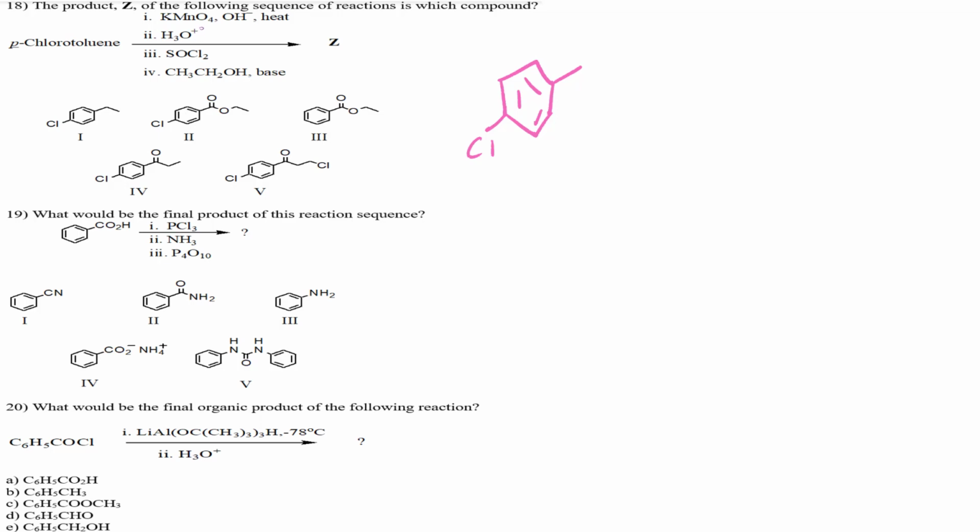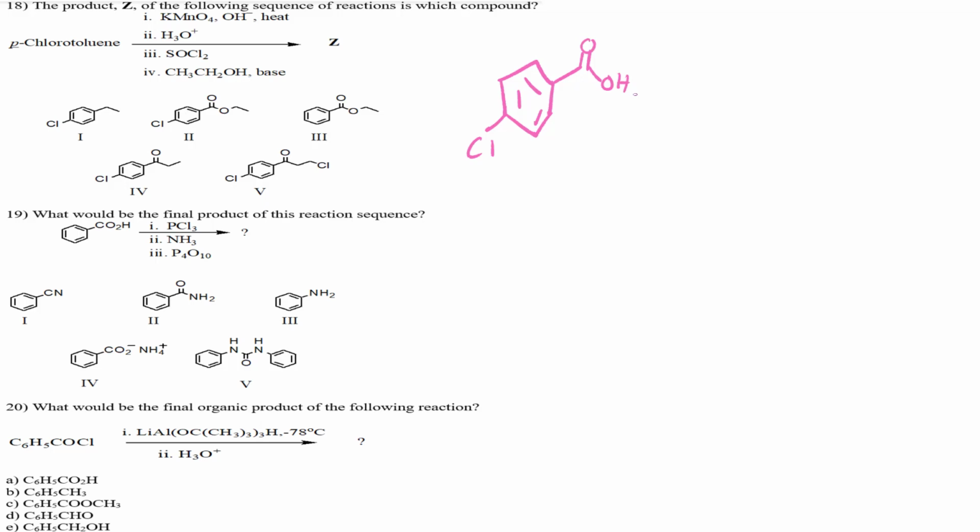And potassium permanganate will actually make a carboxylic acid out of the carbon, as long as there are available hydrogens to react with. Now this carbon has 3 hydrogens that it can react with, and one of these hydrogens is going to make the carboxylic acid. Okay, so here we go. Okay, so that was step 1.